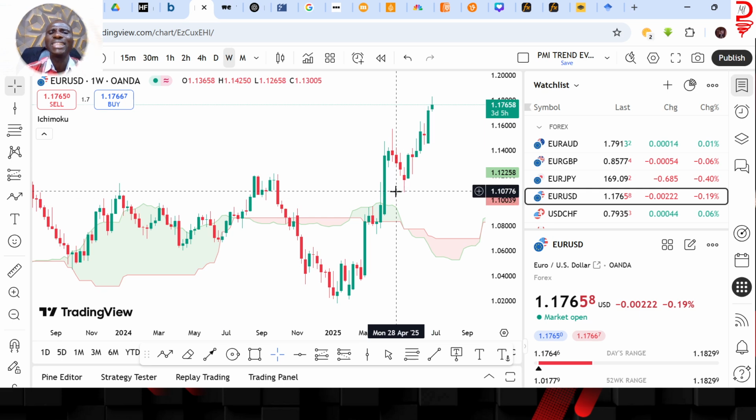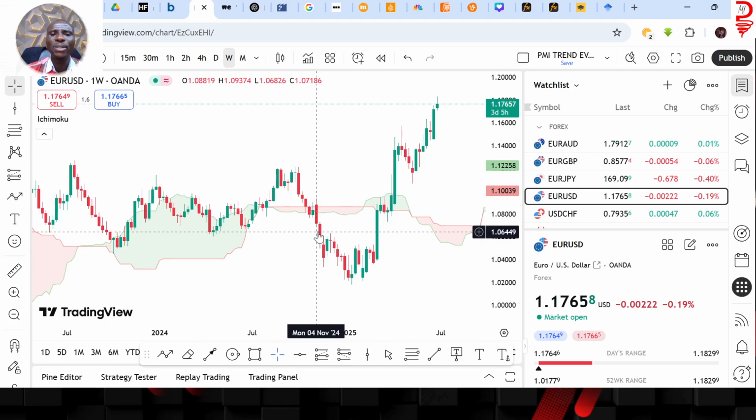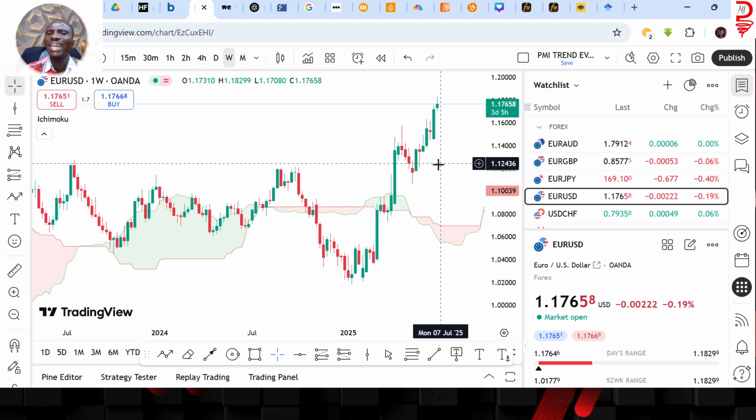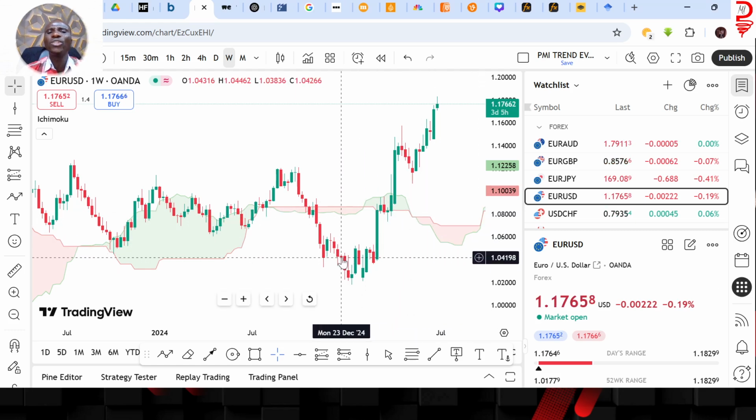It means that the directional bias is in favor of buy. If the price is below the cloud, it means you have a sell directional bias. The implication is you will not be selling when the directional bias is saying you should buy, and you will not be buying when the directional bias is saying you should sell.